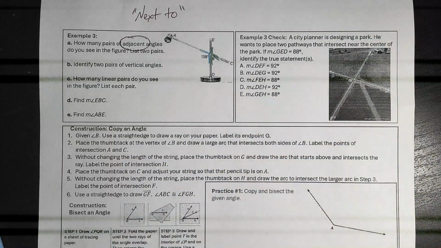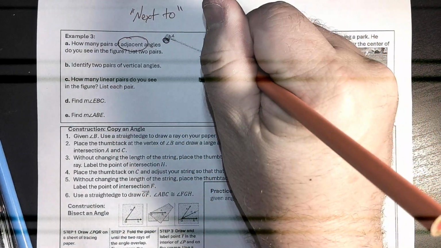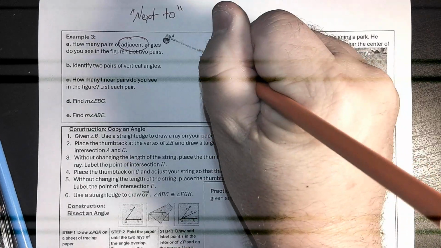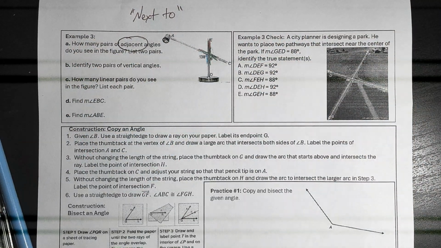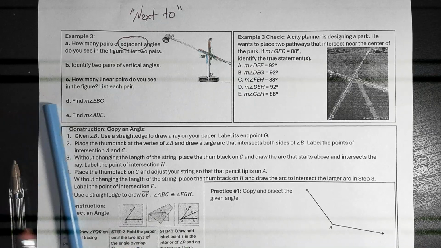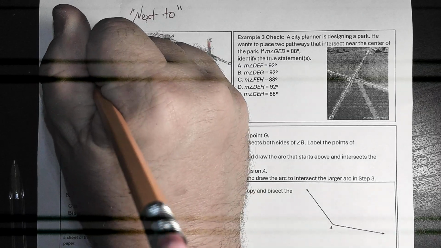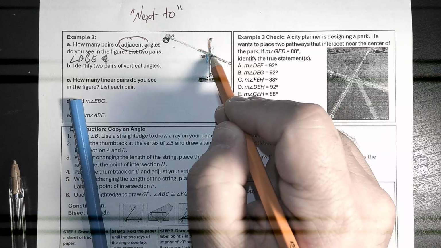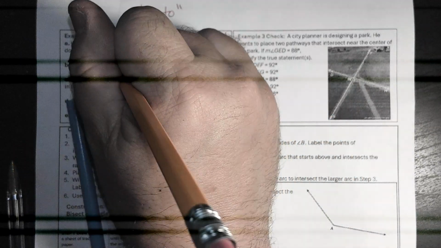But you could also say, this guy and both of these guys would be, and then the same thing there. So it's saying list 2 pair. We're going to say ABE, and then we'll go with this guy down here, DBA.